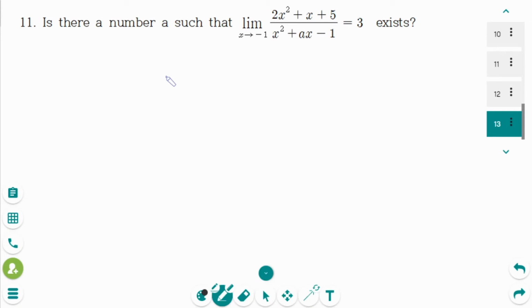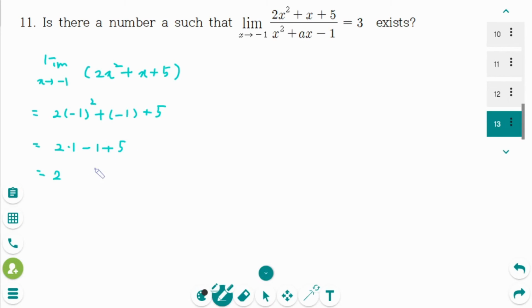As x approaches minus 1, look at only the numerator part: 2 times minus 1 squared plus minus 1 plus 5, 2 times 1 minus 1 plus 5, so 2 plus 4, which is 6. So the numerator is 6, not 0. This means that the question is not in 0 over 0 form.